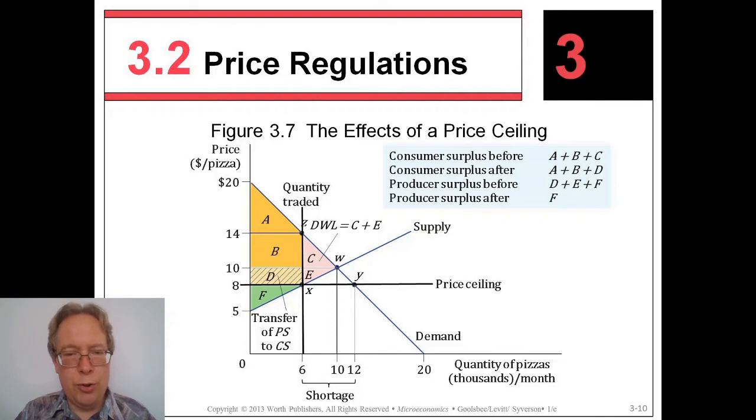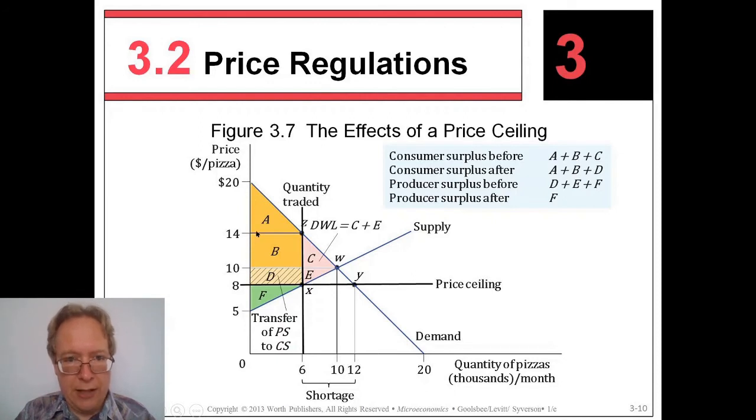So what happens to producer surplus? Well, producer surplus again is the area below price and above supply. So only this area F is left. What about consumer surplus? Well, this person has a surplus of 20 minus 8, which is 12.